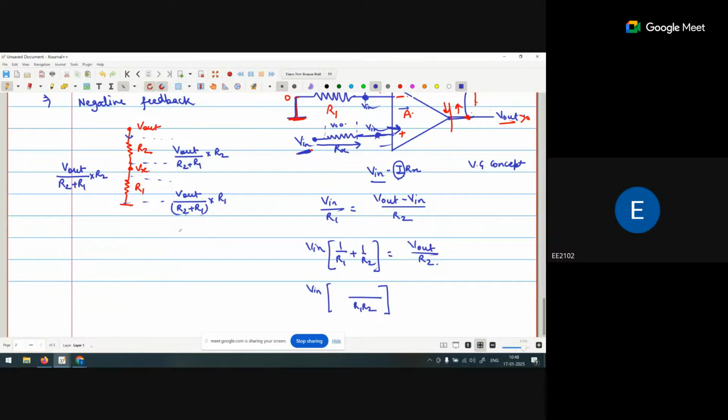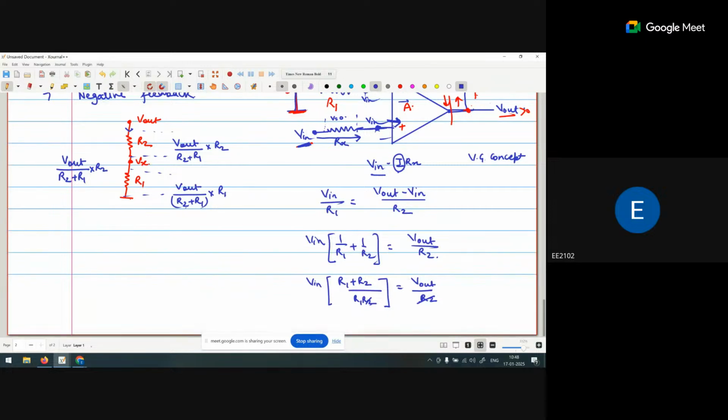That is Vn (R1 plus R2) by R1 R2 is equal to V out by R2, and R2 cancels out. So V out is equal to Vn (1 plus R2 by R1).